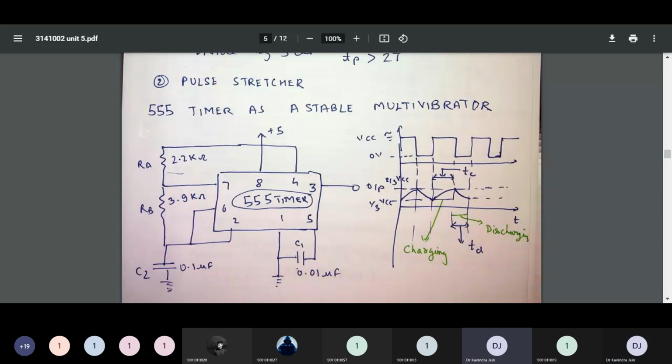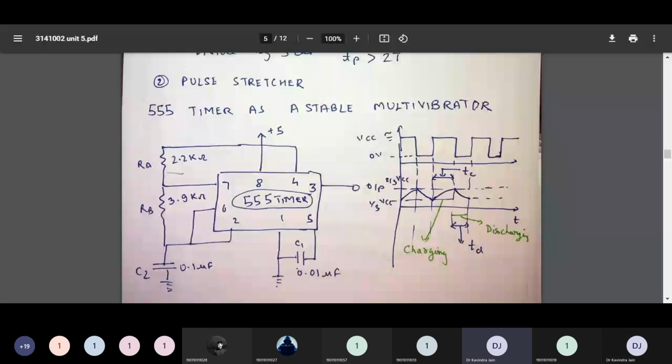Number one, when output is high, capacitor starts charging towards VCC via RA and RB.